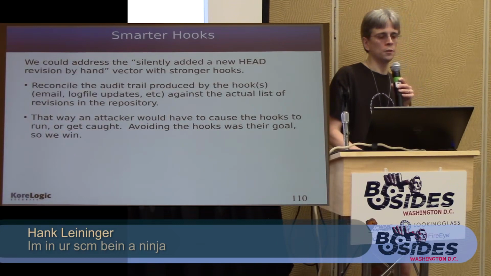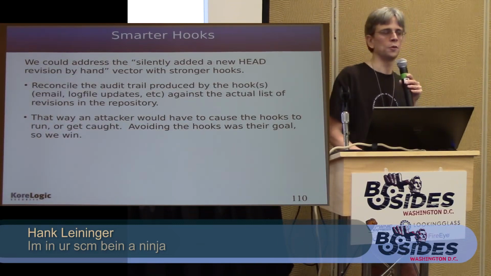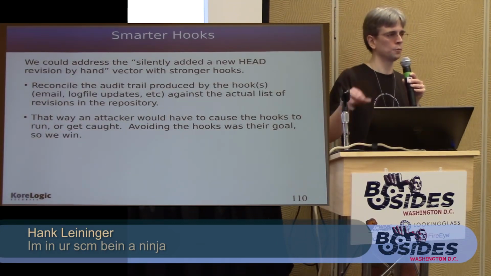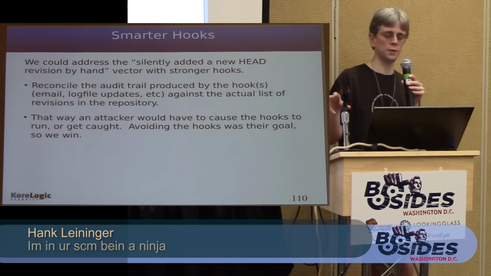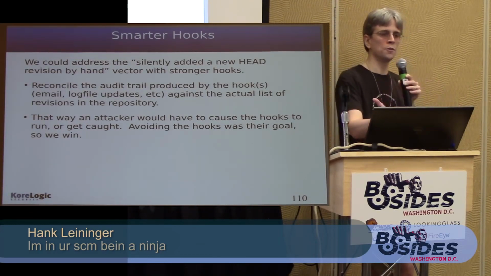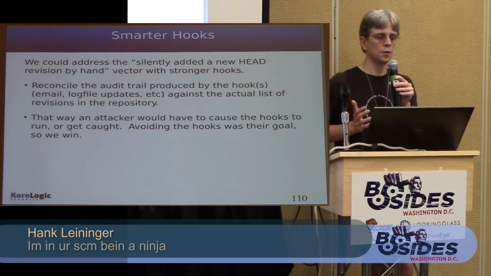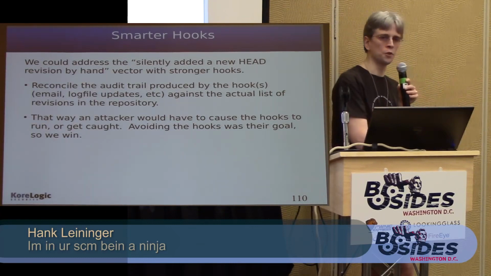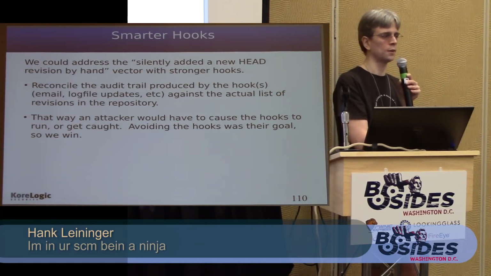Another thing we could do is smarter hooks to address the ability for somebody to push new revisions onto head. We should do some kind of close the loop to make sure that every revision that you get when you check the data out matches. You have proof that the hook fired every time each revision was added.